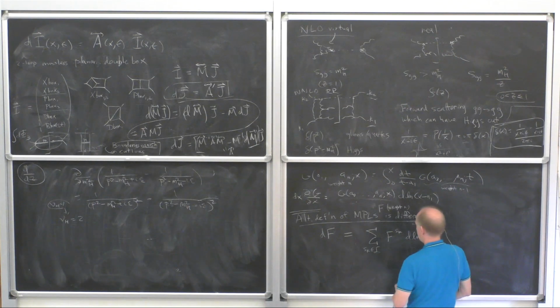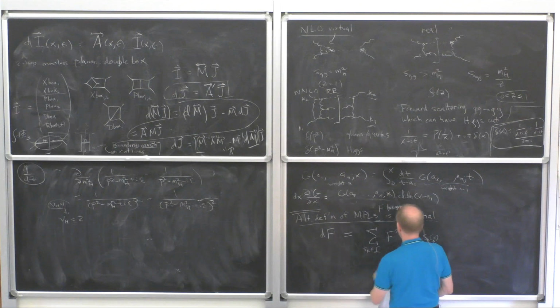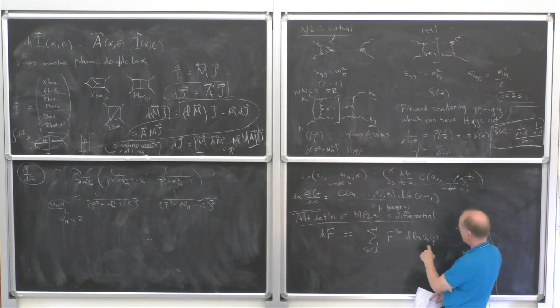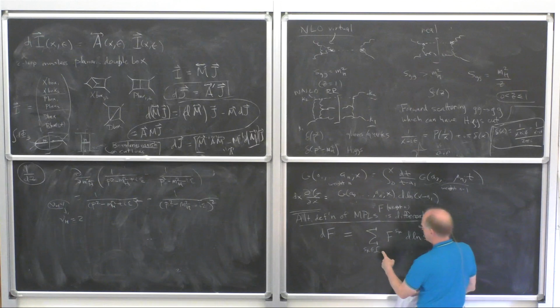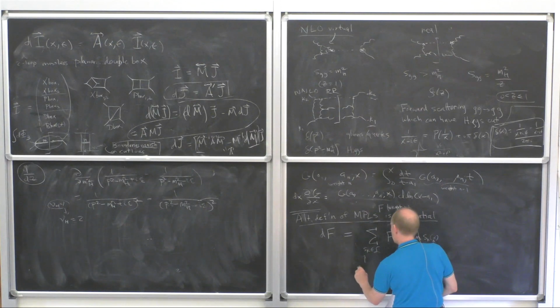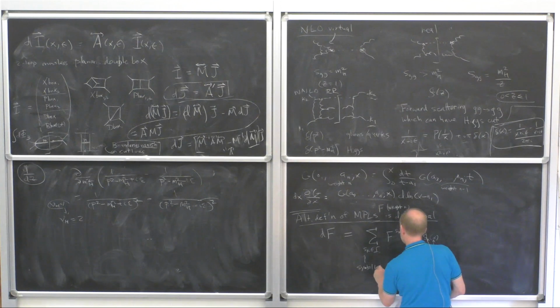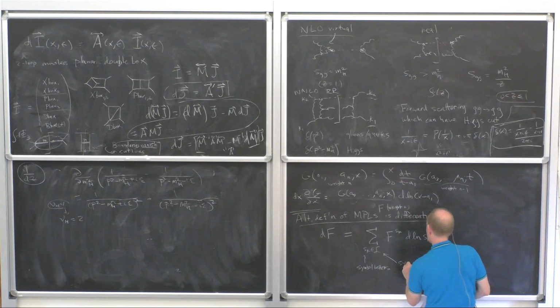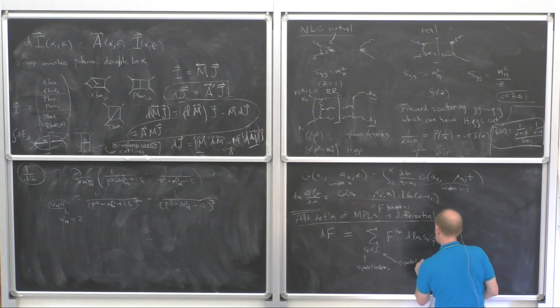And we want the differential to be a sum of a finite number of d logs of some functions, rational functions of the x's, hopefully rational. And so we call these the symbol letters. And letters belong to an alphabet. So this is called the symbol alphabet.